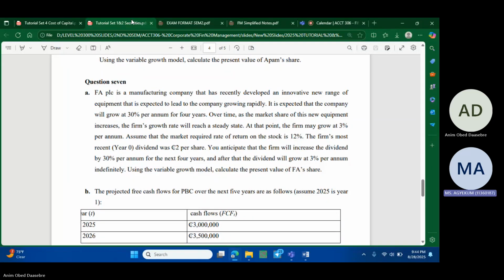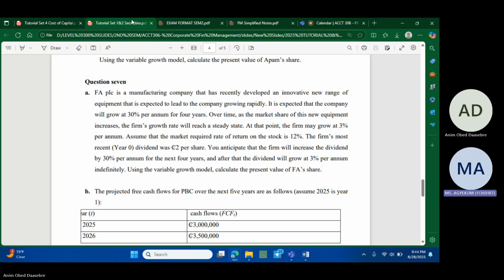It is expected that the company will grow at 30% per annum for 4 years. Over time, as the market share of this new equipment increases, the firm's growth rate will reach a steady state.